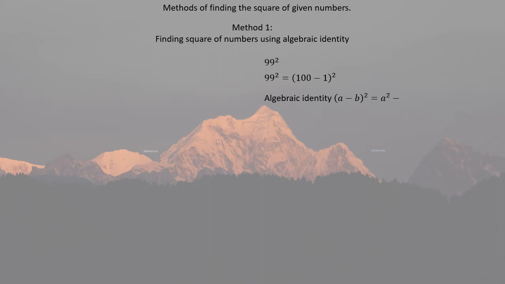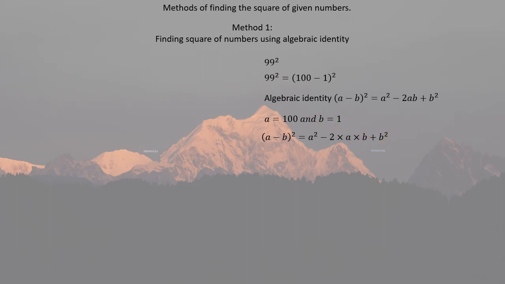So here we'll be using the algebraic identity, a minus b whole square equals a square minus 2ab plus b square. In the earlier question we did a plus b whole square. Here we are doing a minus b whole square. So a here is 100 and b is 1. So in place of a we'll be replacing 100, and in place of b we'll be replacing 1.